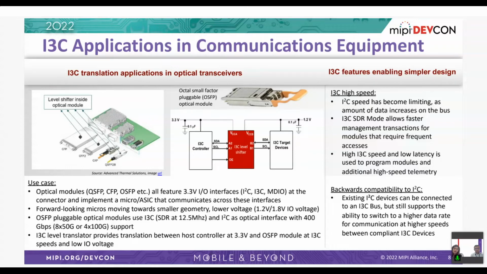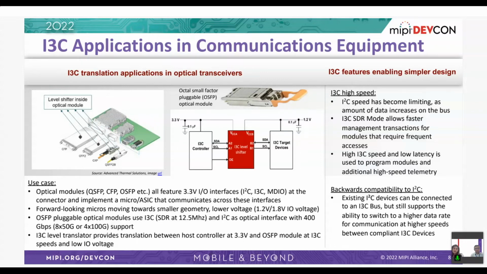The octal small form factor pluggable modules highlighted on the top over here basically support high data rates up to 400 gigabits per second with 8 lanes. It supports the I2C interface as the common interface, but it also has optional support for I3C SDR mode as well that supports 12.5 megahertz clock speed.